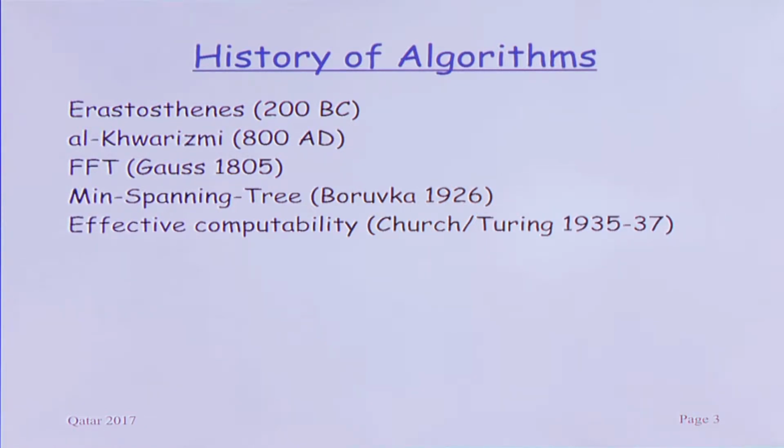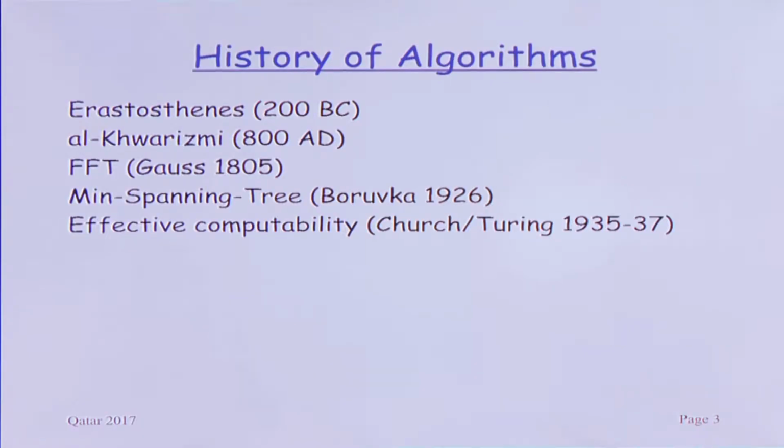And then Gauss, in the 1800s, invented what we now call the fast Fourier transform, which is a way to do Fourier transforms in n log n steps instead of n squared. And then there were algorithms for various graph problems, including the minimum spanning tree in 1926. Of course, this all predates computers.